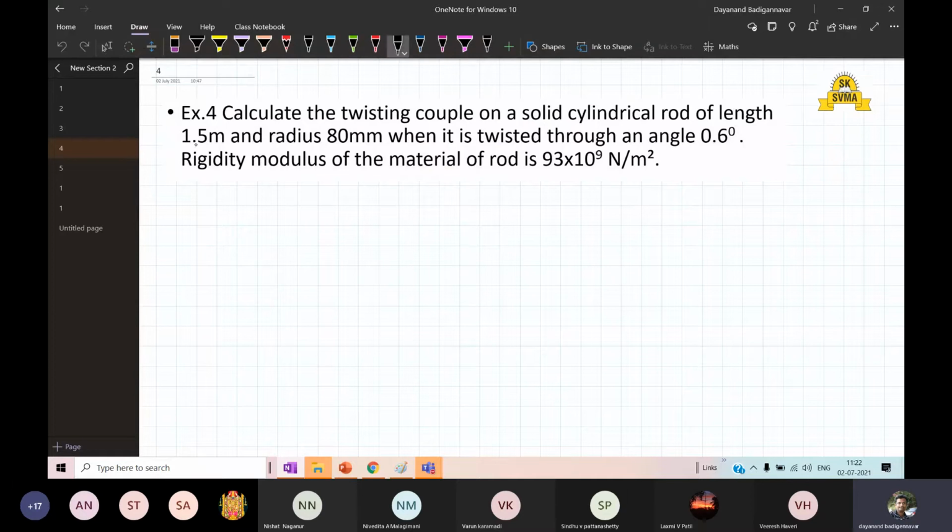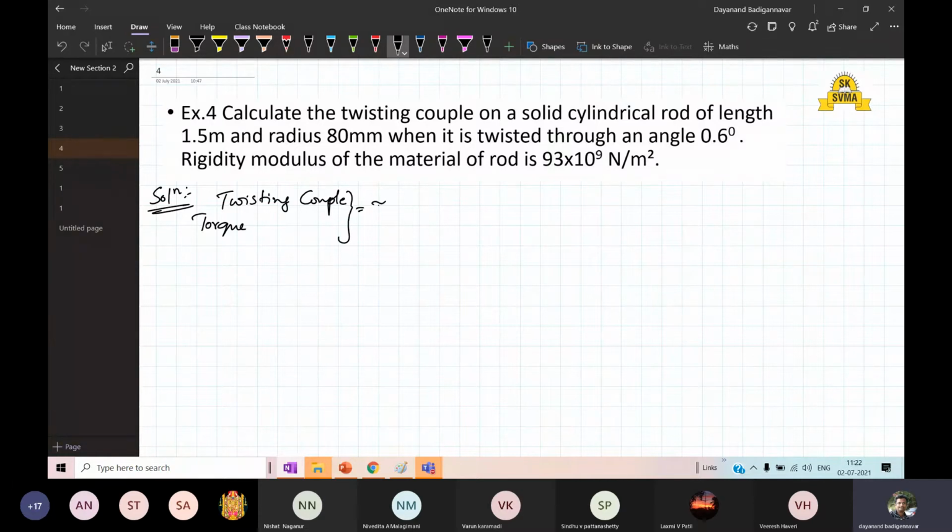Calculate the twisting couple, the same thing. They have asked for the calculation of twisting couple or torque. Both mean the same.